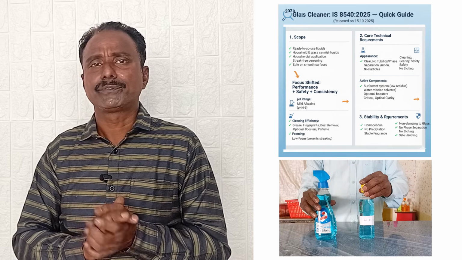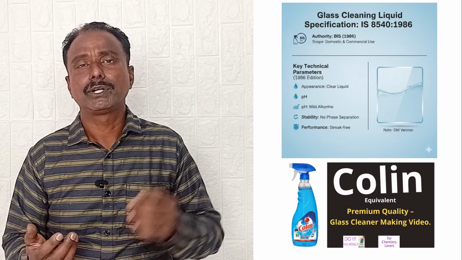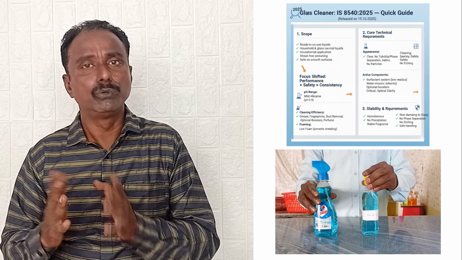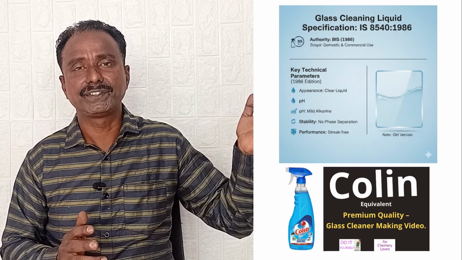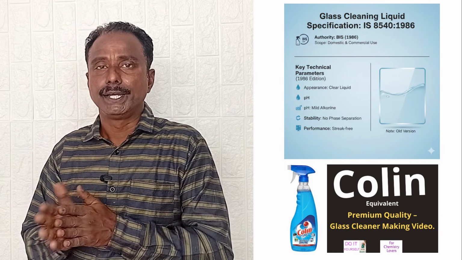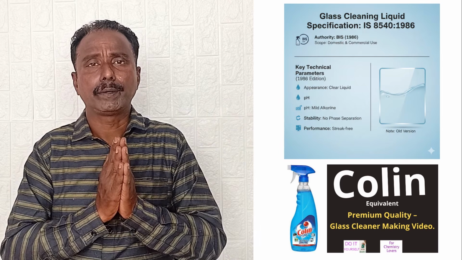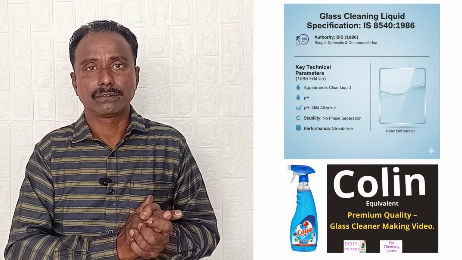Now let us discuss what the differences are between the old version and the new version, the 1986 version and the 2025 version. In the case of the 1986 version, it is a product based specification.